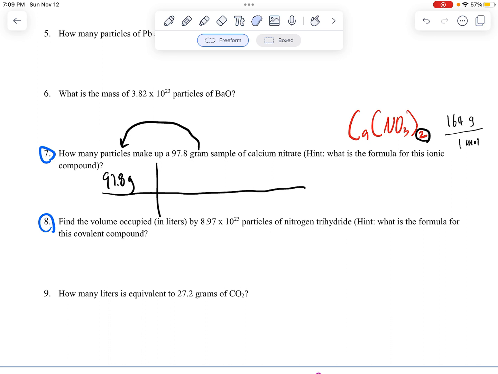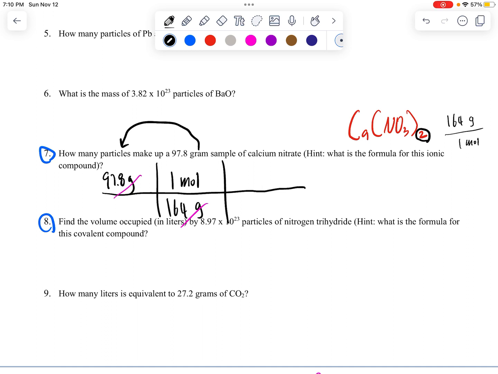Once I have the molar mass of this, here's what I'm going to do. Let's convert that 97.8 grams to number of moles using the molar mass we just found. So 164 grams is going to go on the bottom because we want to cancel out these grams, and 1 mole goes up here.